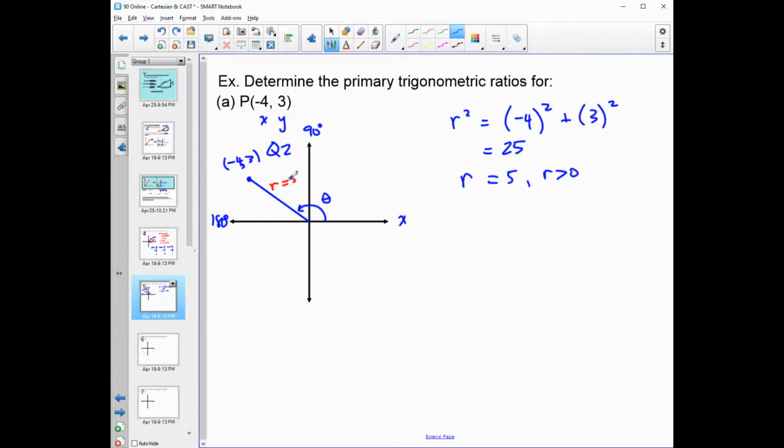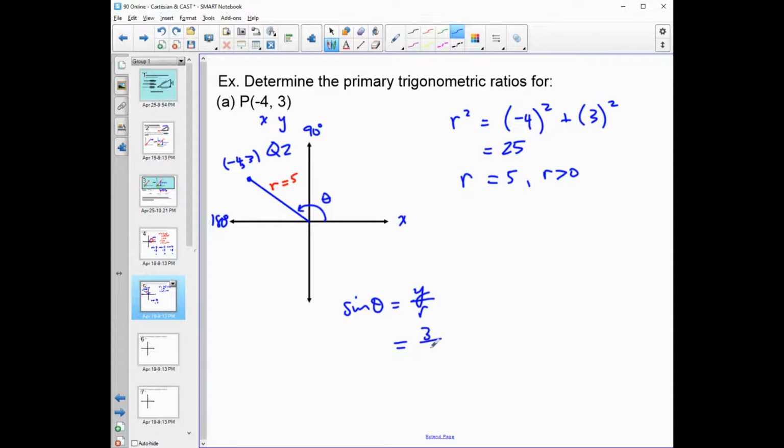So now we have this obtuse angle, and what do we end up with for our trig ratios? The sine of theta, which is defined as y over r. I'm going to write this one more time. Y over r is going to be 3 over 5.